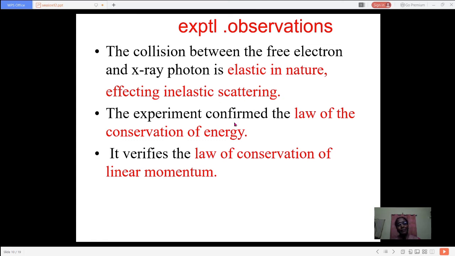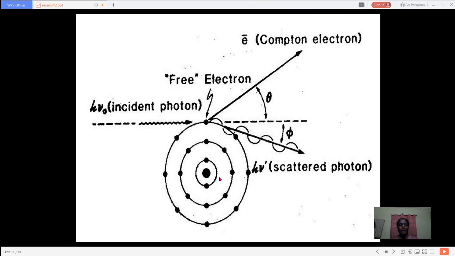So in this experiment we can see that the law of conservation of energy, and not only that, the law of conservation of linear momentum can also be verified. In this diagram you see an atom given as a picture, and h nu naught is the incident photon.